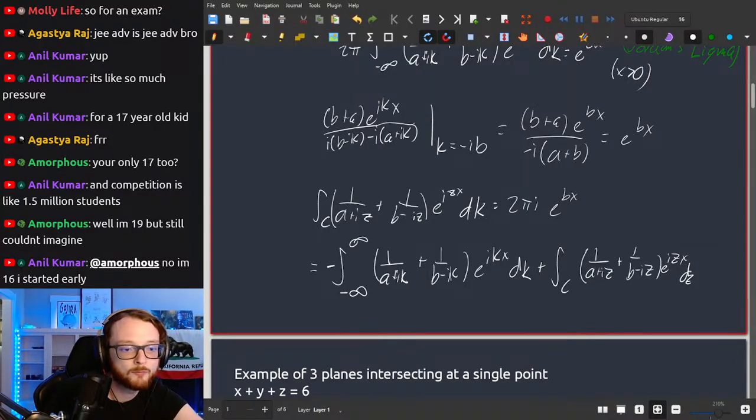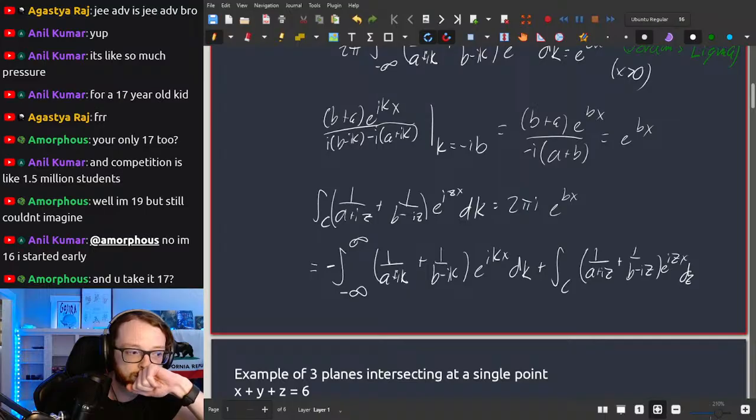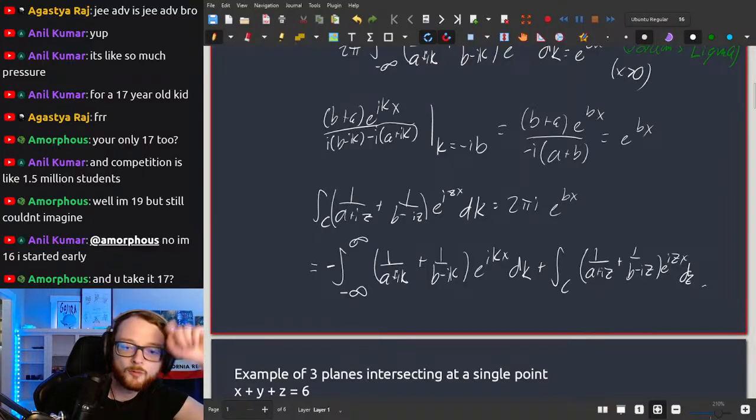That needs a minus sign in front. All right, so I think by the same logic, this thing is equal to 0 by Jordan's lemma.